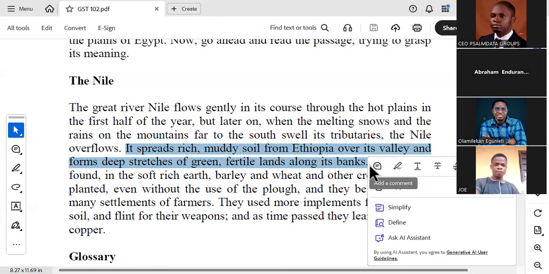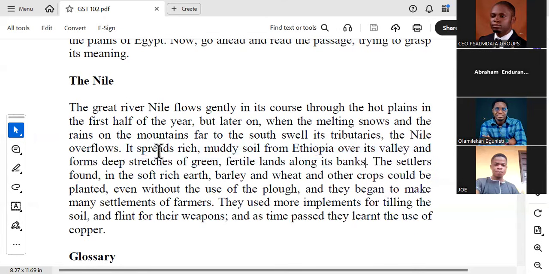Read it out. Is where rich soil from Ethiopia over its valleys and from deep stretch. Is there anything we can remove from this sentence? Let's look at it critically, or we should just leave it and move to the next sentence.